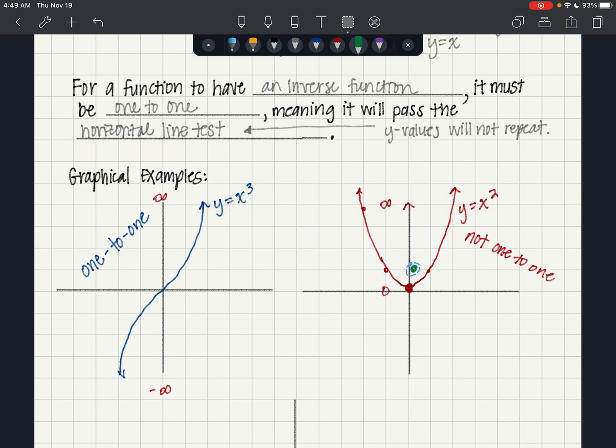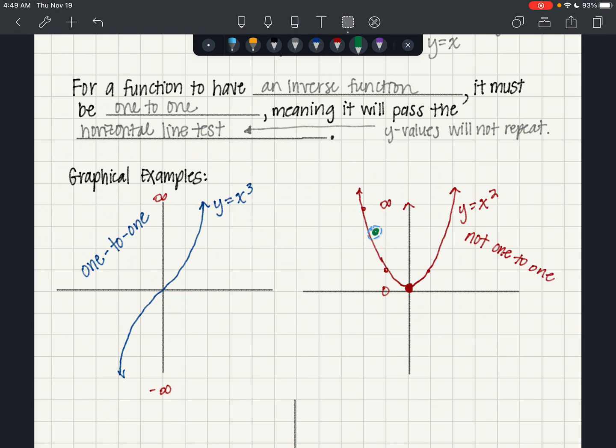This y value of 1 repeats. You get an output of 1 when you put a negative 1 in and when you put a positive 1 in. So that y value of 1 happens twice, once when you put in a negative 1 for x, and the other time when you put in a positive 1 for x. The same thing with every other value.